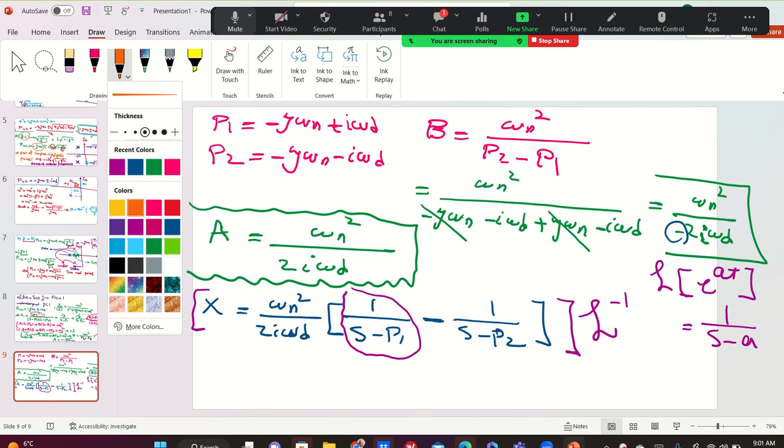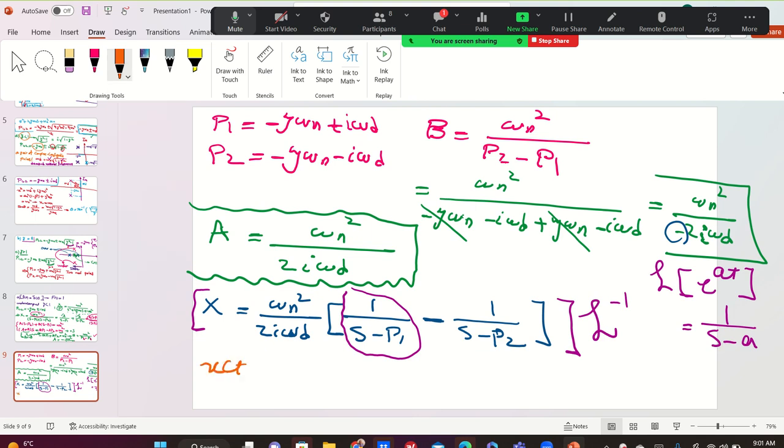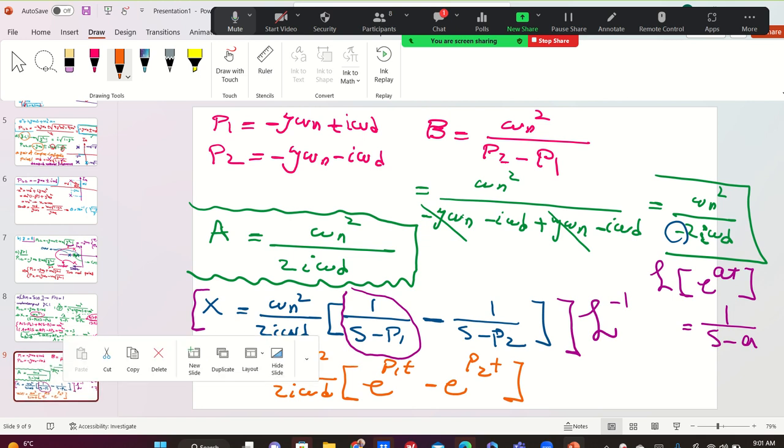Everybody, you have in your notes. So x of t is going to be omega n square over 2i omega d. Here you're going to have e to the P1 t minus e to the P2 t. Okay? Can I go ahead? Yes? I'm on the next page. Can I?